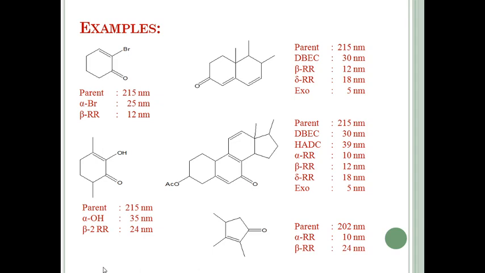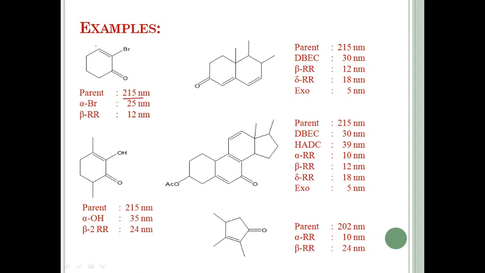Now let me take some examples. These are the examples. I already gave the values, simply verifying all the values. So this system is a parent system which is having a 6-membered cyclic enone system, and the parent system will contribute 215 nanometer.